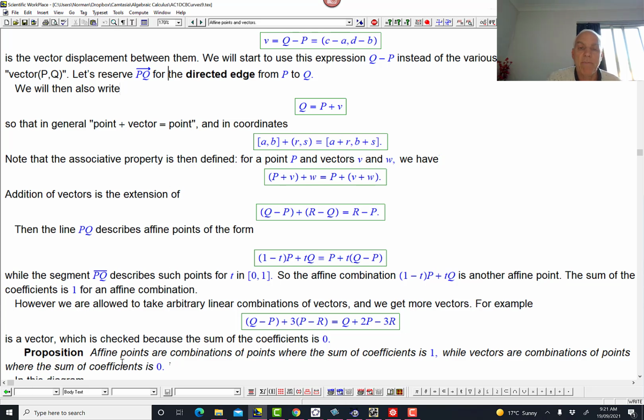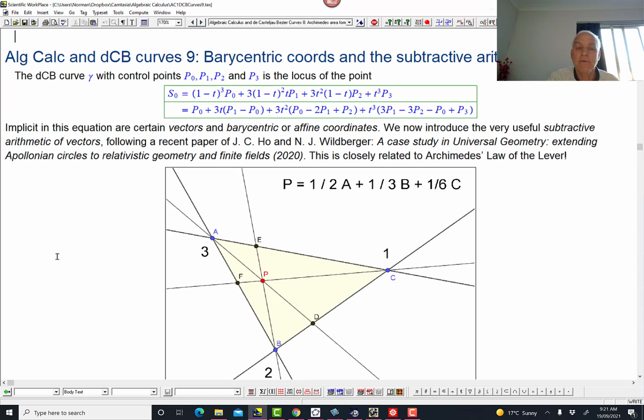So let us go up here, back to the original motivating example. So I've already mentioned now that this first thing here is actually a point. Okay, you can see that's a point because it's a sum of points, and the sum of the coefficients is, as we pointed out, already equal to 1. Now when we write it like this, we can now more clearly see what the significance of these terms that are appearing is.